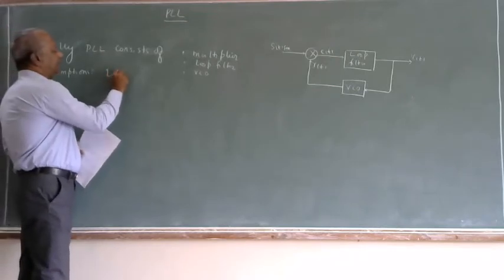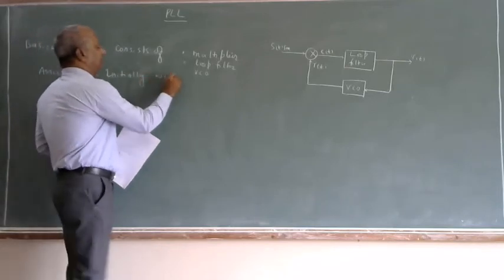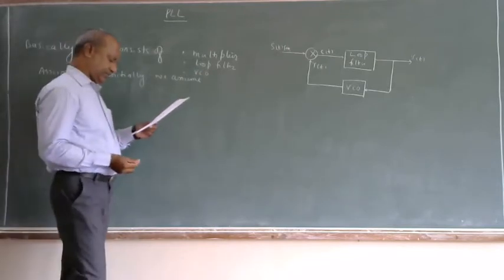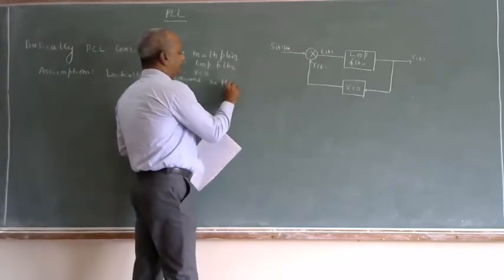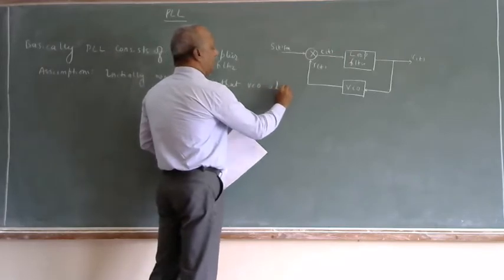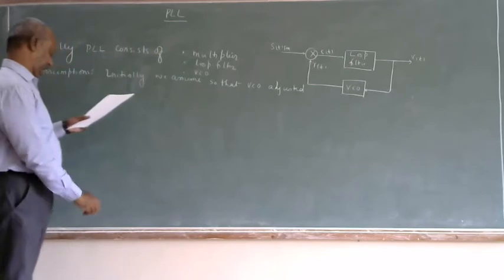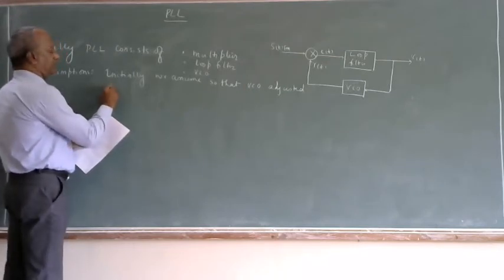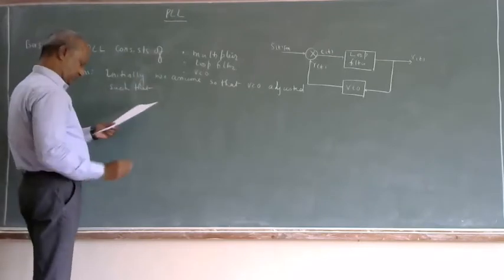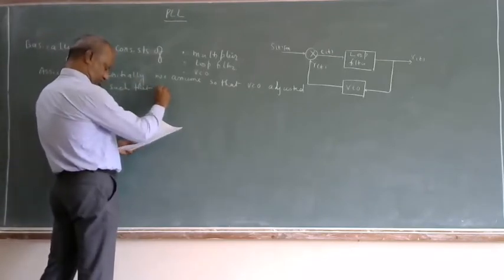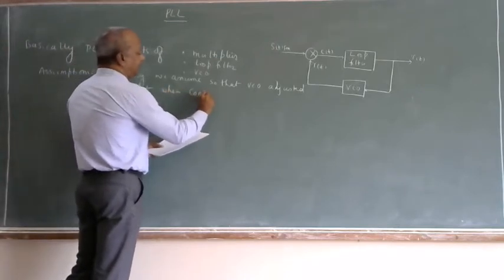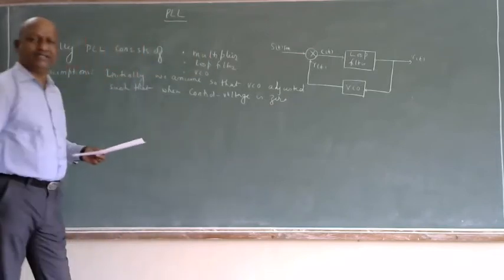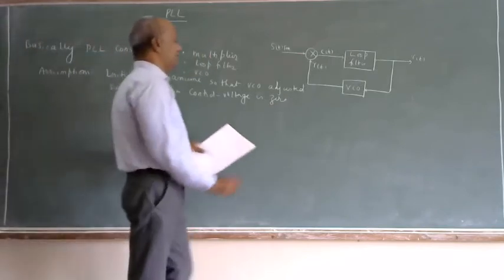Initially we assume that the VCO is adjusted such that when the control voltage is zero, the two conditions are satisfied.